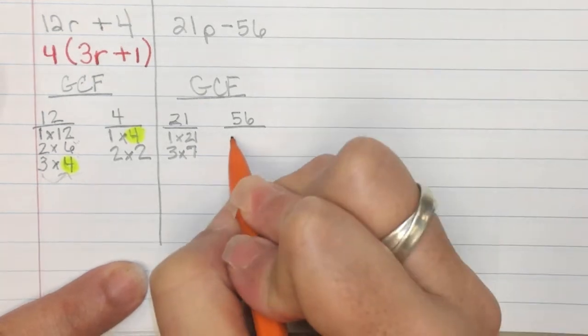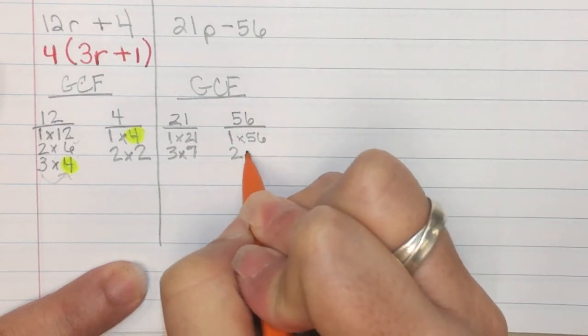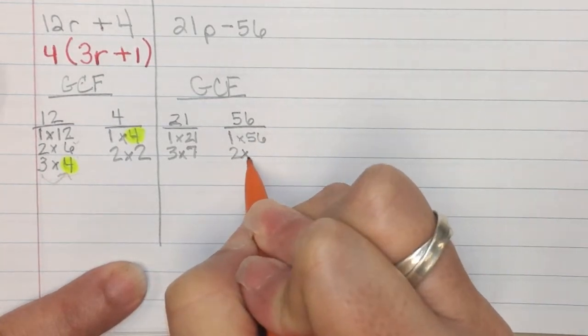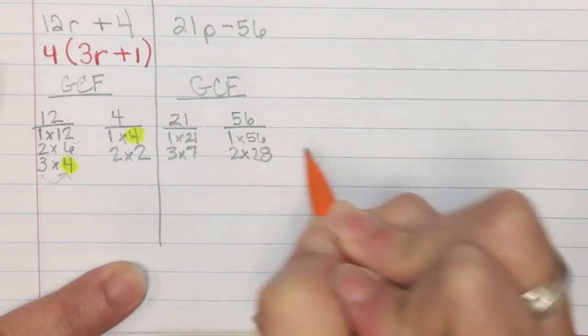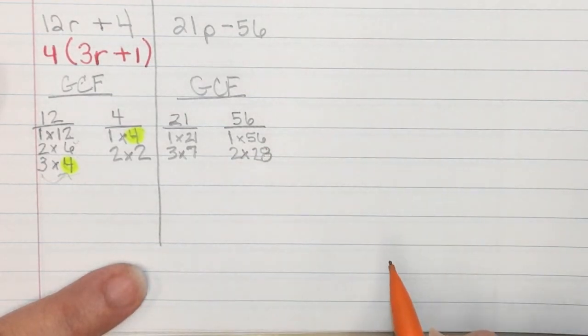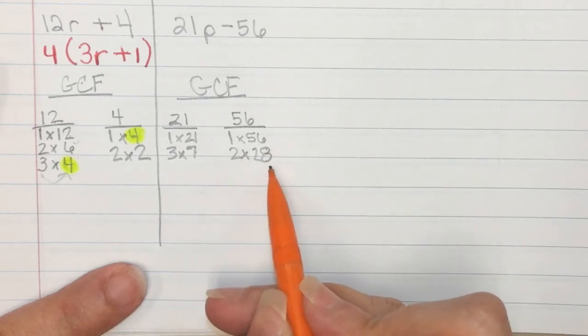Okay, 56. Here we go. 1 times 56. 2 times 28. Hey guys, I don't feel much pity at this point because you can use a calculator. Okay. So you get my drift. You could put 56 divided by 2 and get 28.